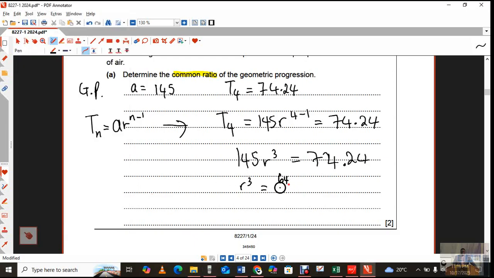And you would know that 64 over 125 is nothing but 4 cubed over 5 cubed, which is the same as 4 over 5, cubed. So if r cubed is equal to 4 over 5 cubed, therefore r is equal to 4 over 5.